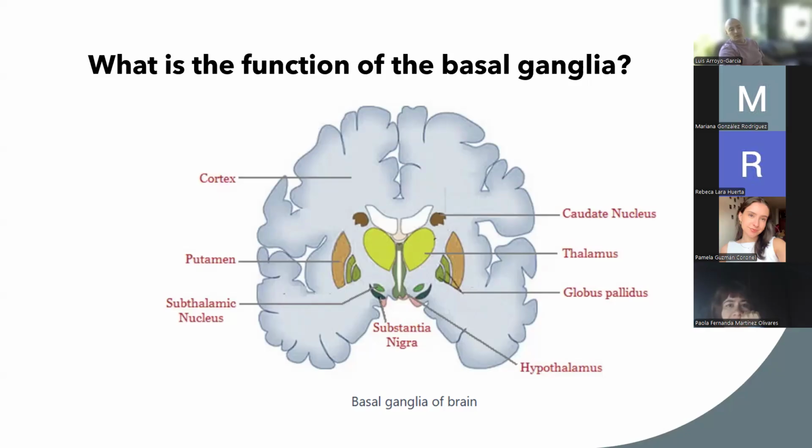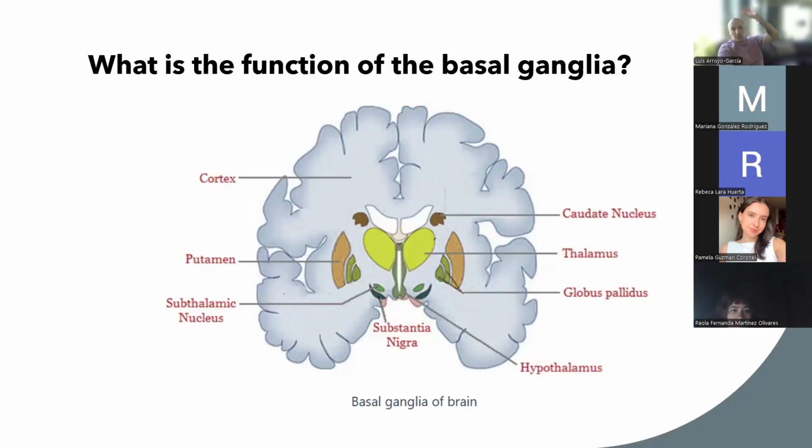Those are mainly peristaltic movements in the gastrointestinal tract. So all of these, if you want to understand a bit better, you need to read more about the basal ganglia.